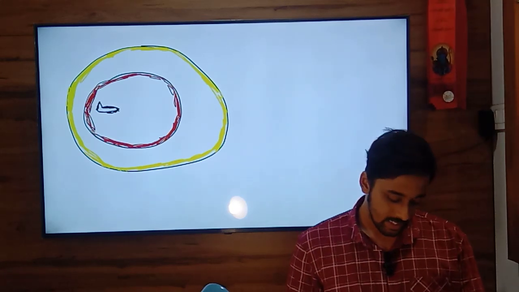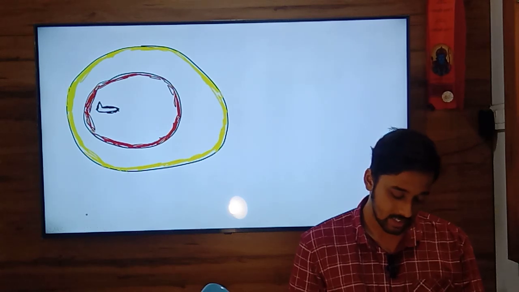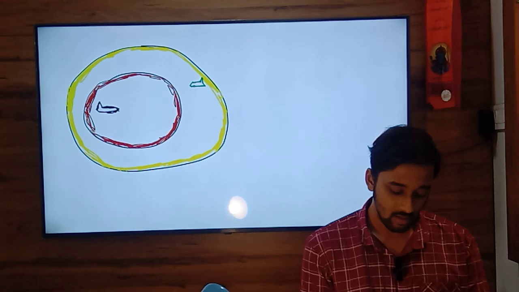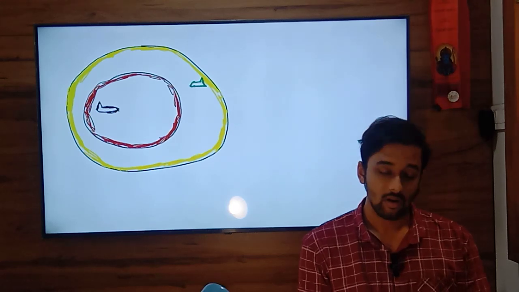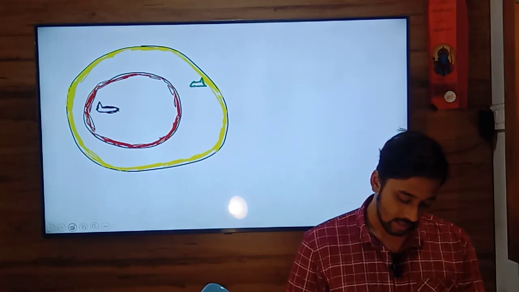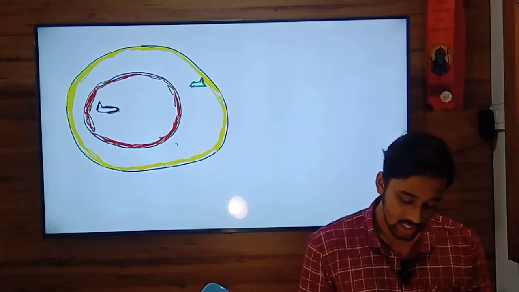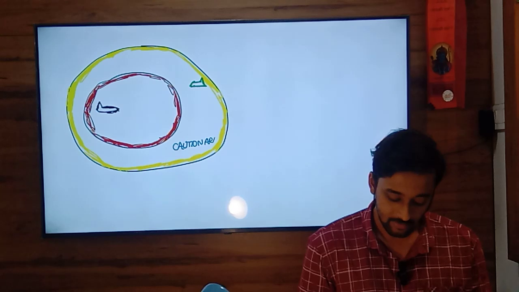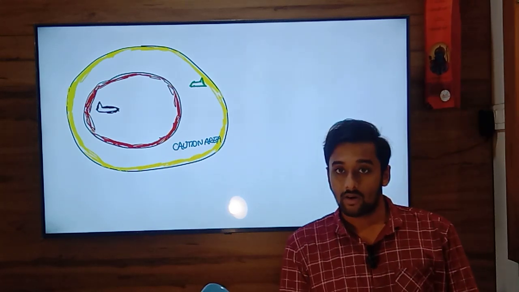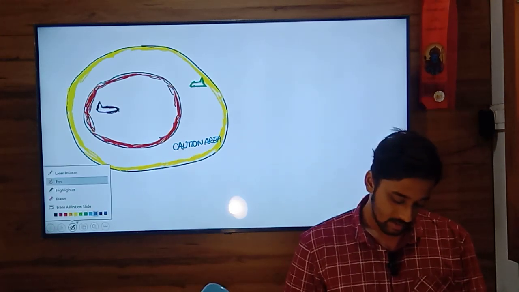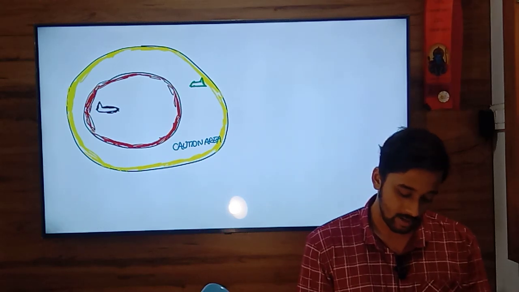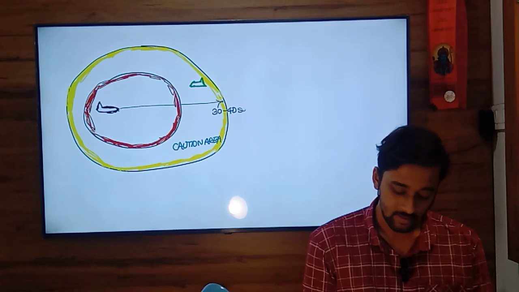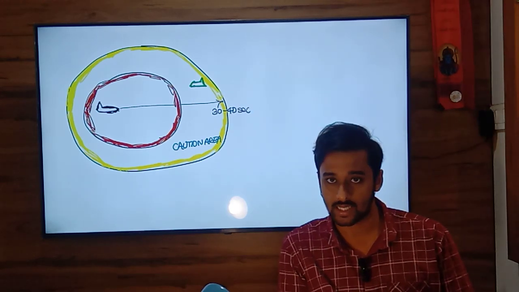Now, when there is any traffic in the outer bubble, we call that bubble the caution area. It is at a distance from the aeroplane of approximately 30 to 40 seconds.